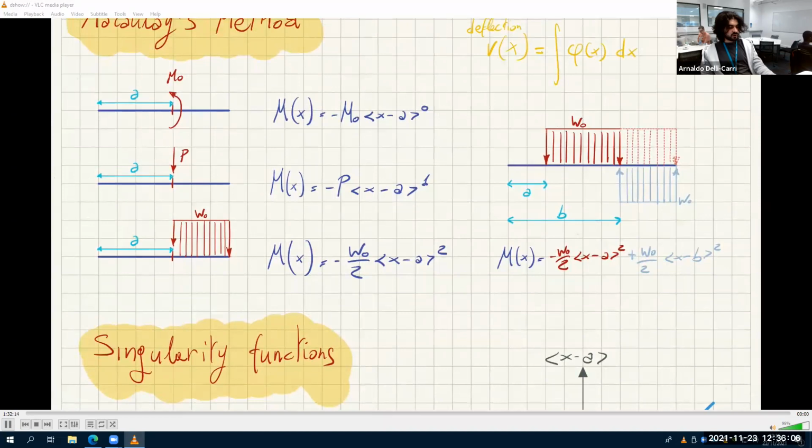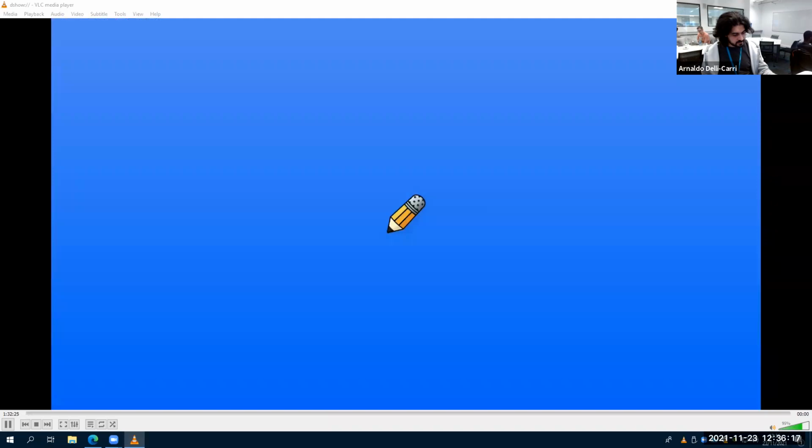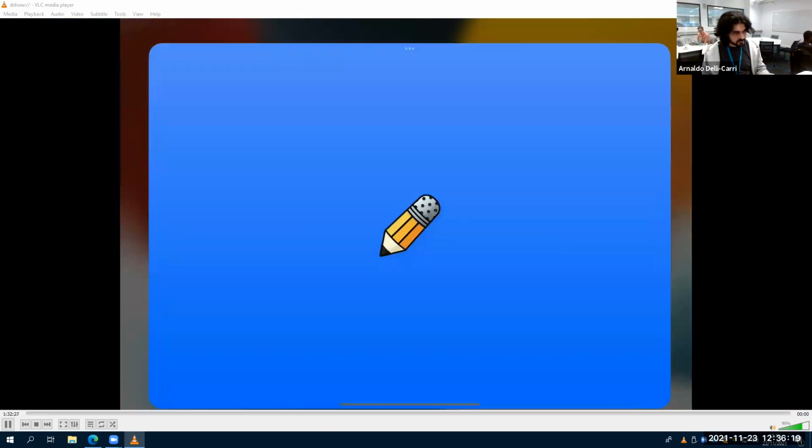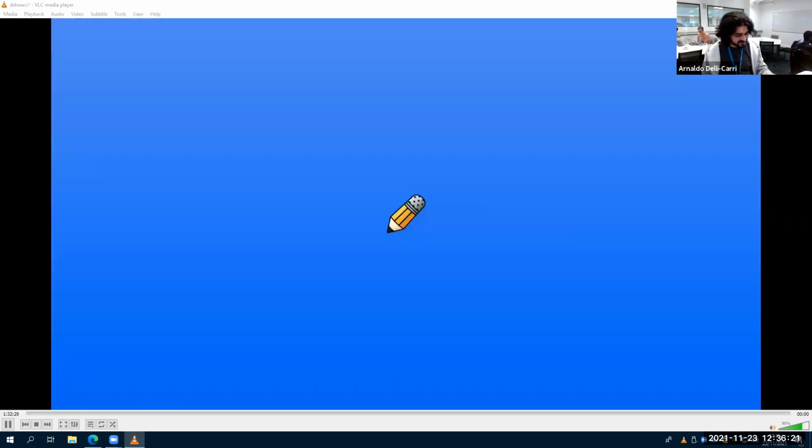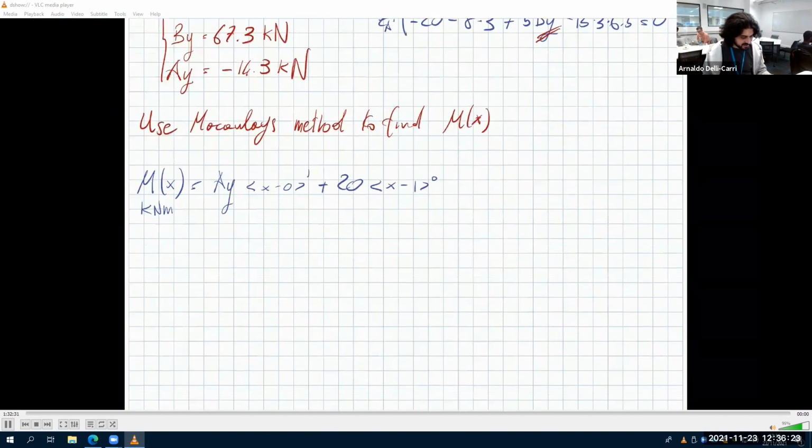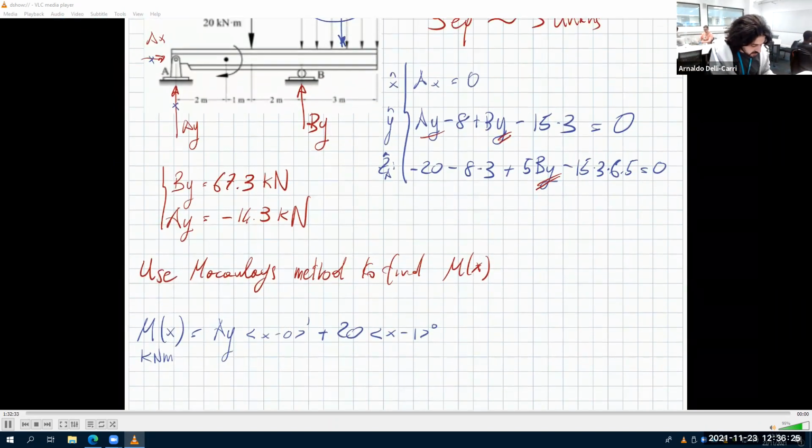So since ours is clockwise, it's positive. Okay, just refer to the table always. Now x minus, sorry, this is not 1, but 2, because this is applied at 2 meters away from the start of the beam.